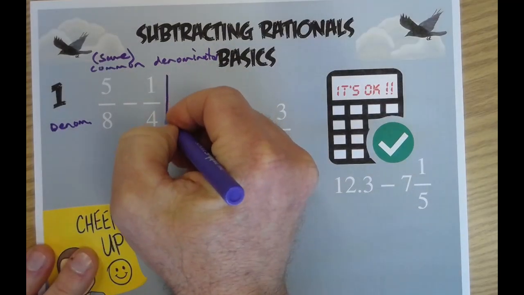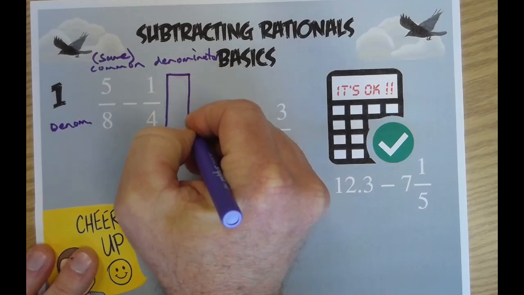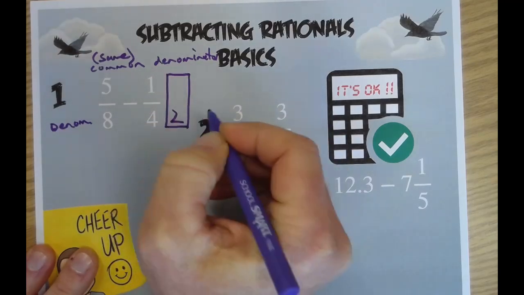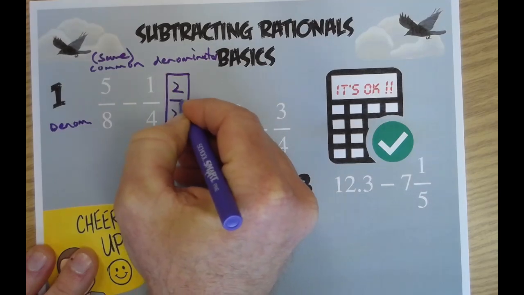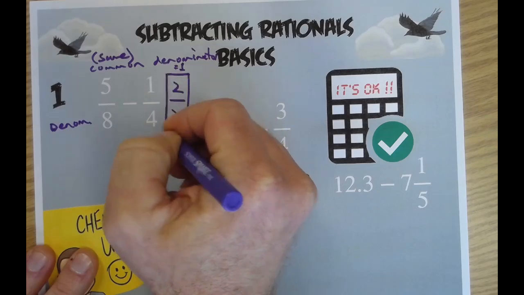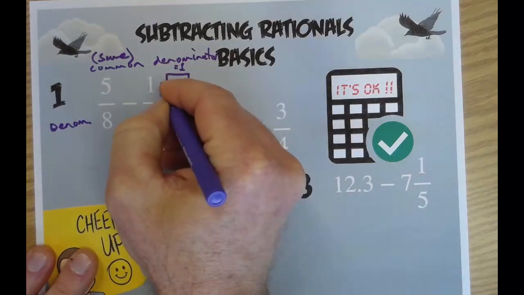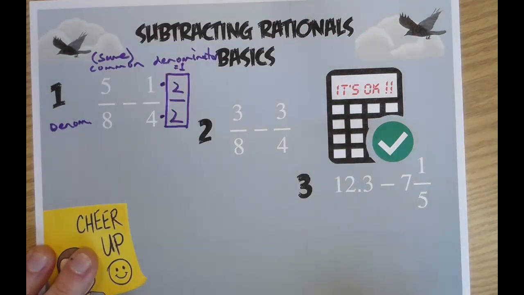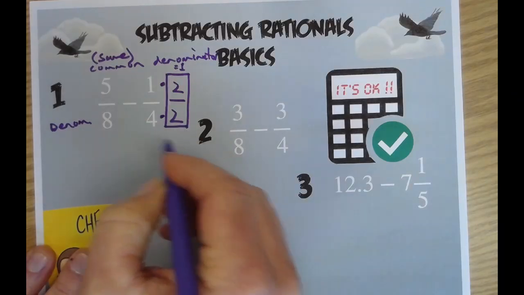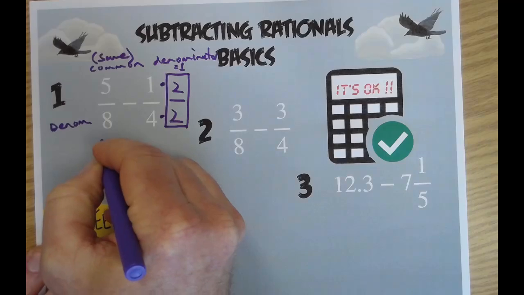So we're going to use what's sometimes called a giant 1, because 2 divided by 2 equals 1. So therefore the name. But importantly for this problem, I want to multiply 4 by 2 to get that common denominator on the bottom.